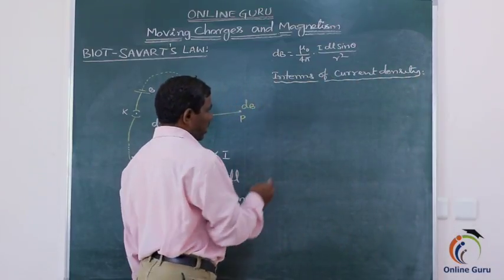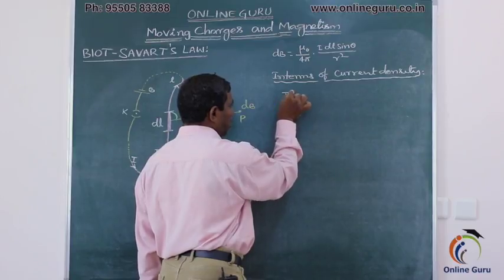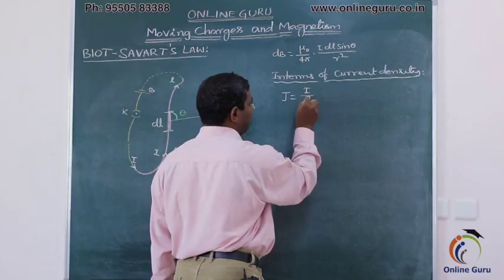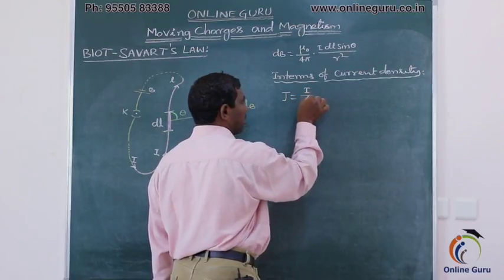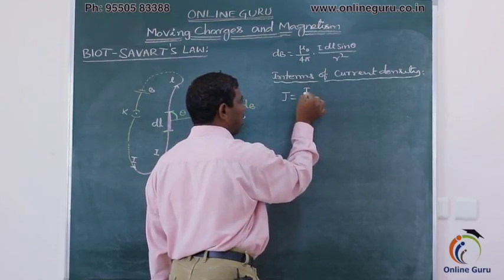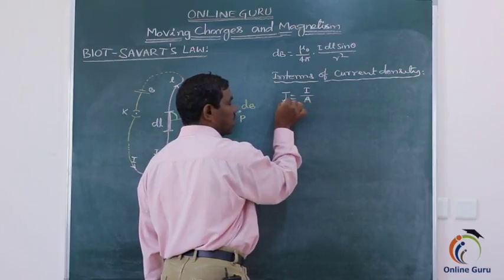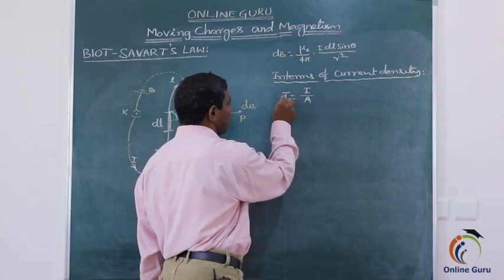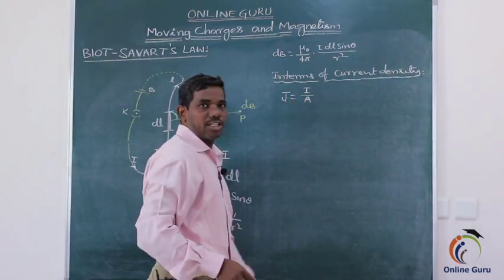What is the current density? Current density is represented as J, which is equal to current by area. Current per unit cross-sectional area of the conductor is said to be its current density. Current density is noted as a capital J.